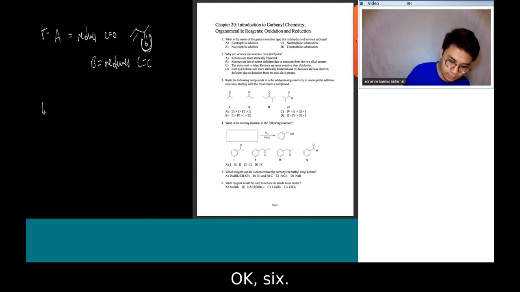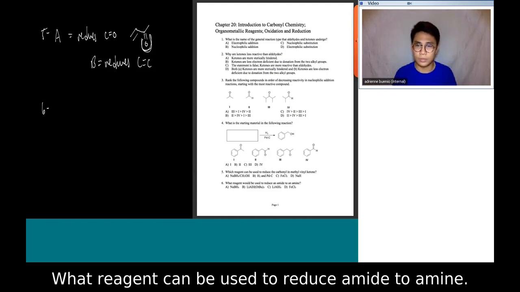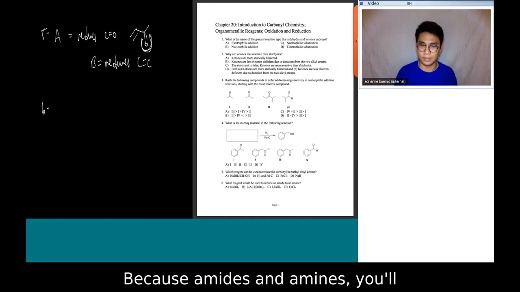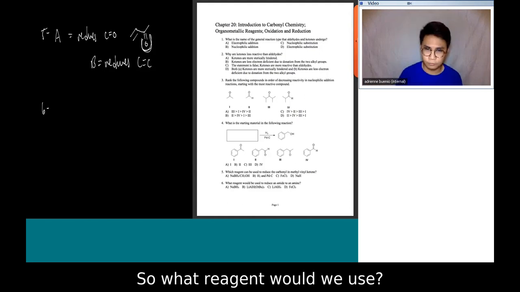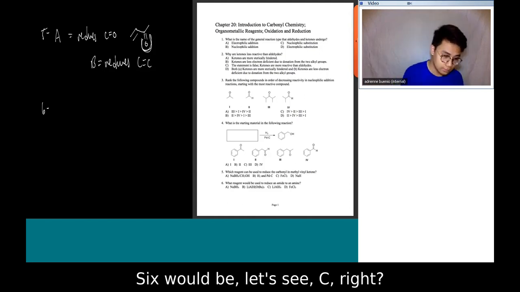Okay, 6. What reagent can be used to reduce amide to amine? So this is a fun one because amides and amines, you'll see a lot of nitrogens in this chapter actually. So what reagent would be used? 6 would be C, right?